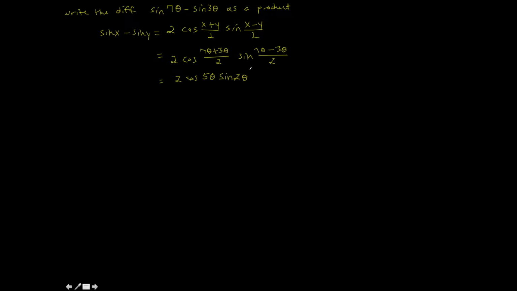Okay, so let's look at an actual applied problem of this now. So, for instance, let's find the exact value of the sine of 105 degrees minus the sine of 15 degrees. This is similar to the one we had before. Now notice, before we started out with a product, so we had to find the right product formula.